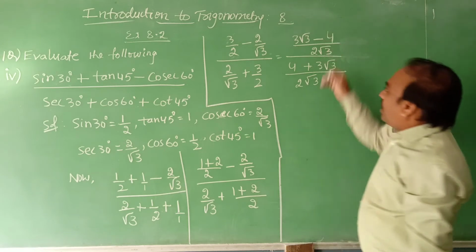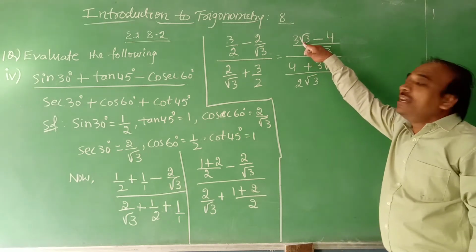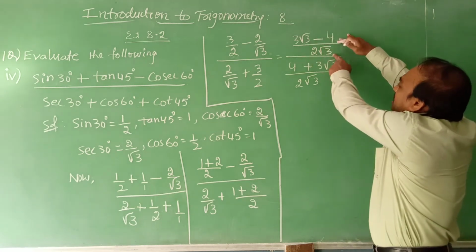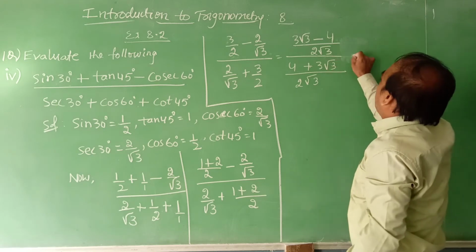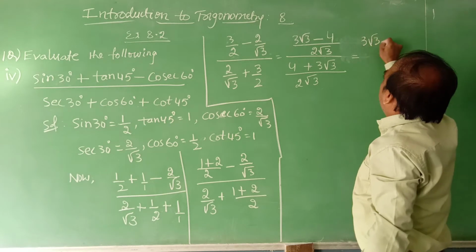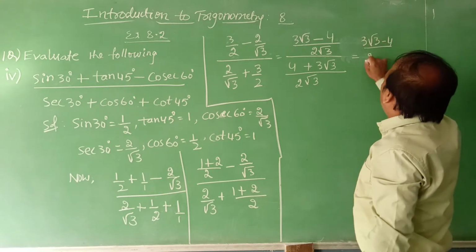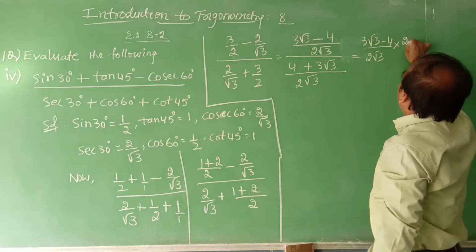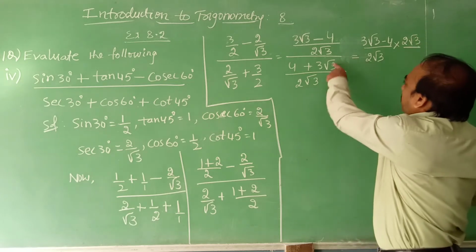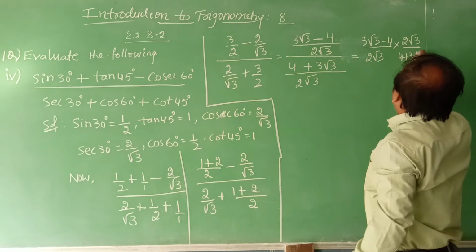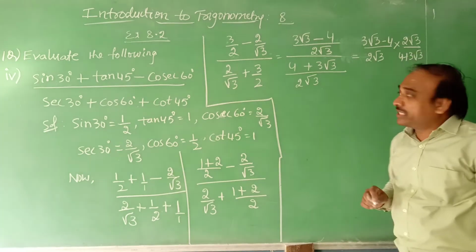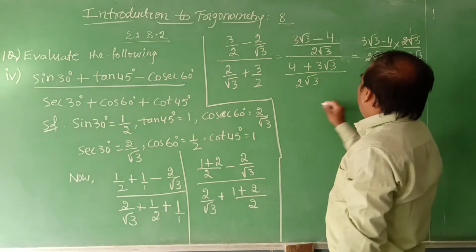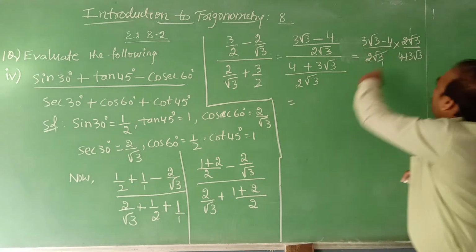Now you cannot add these, since one is an irrational part and another is a rational part, so you cannot simplify further. Taking the reciprocal, the numerator is 3 root 3 minus 4 over 2 root 3, divided by 4 plus 3 root 3 over 2 root 3.